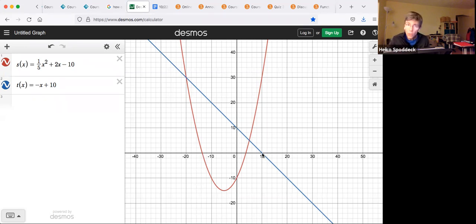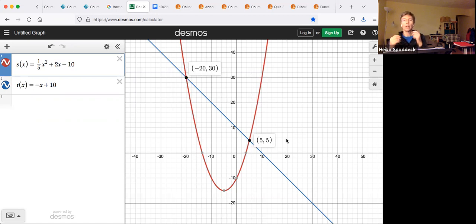Now, this is not what we are looking for. We are looking for the intersection between 2 functions. So where the red graph and the blue graph meet. And so if I click here, I see suddenly a gray dot, and I click on this gray dot, and I see another gray dot where they're both meeting.